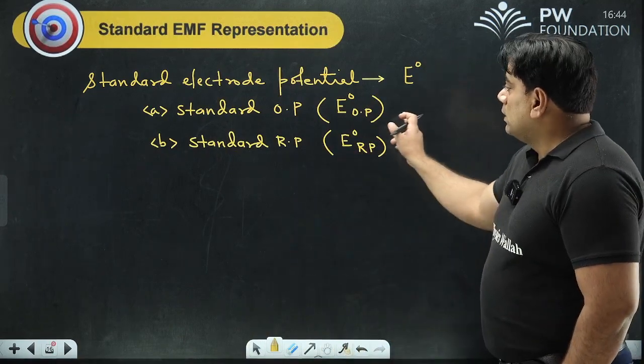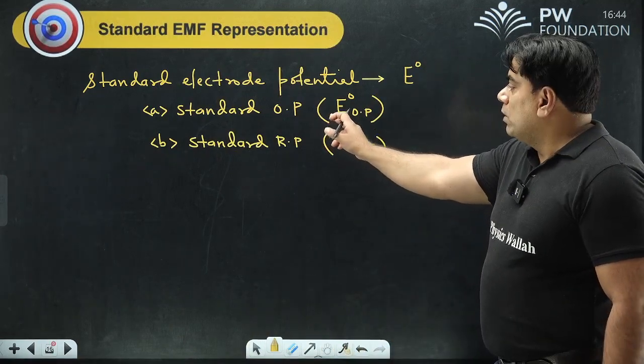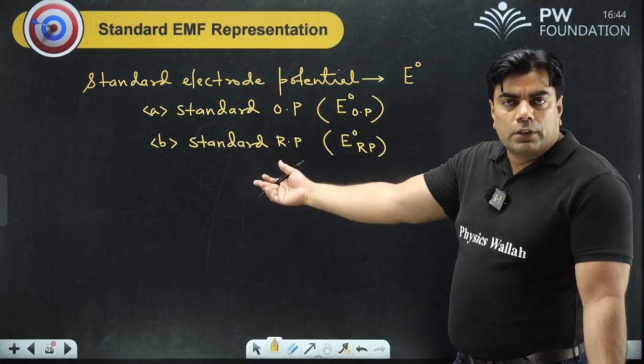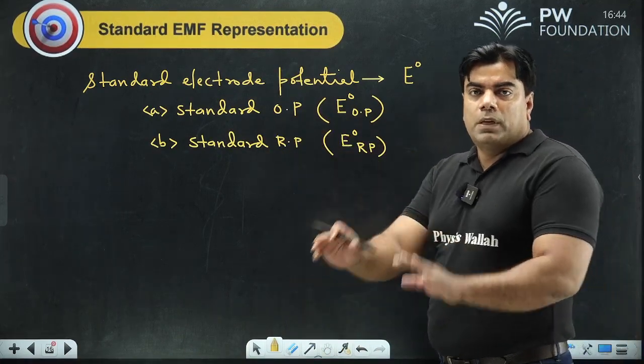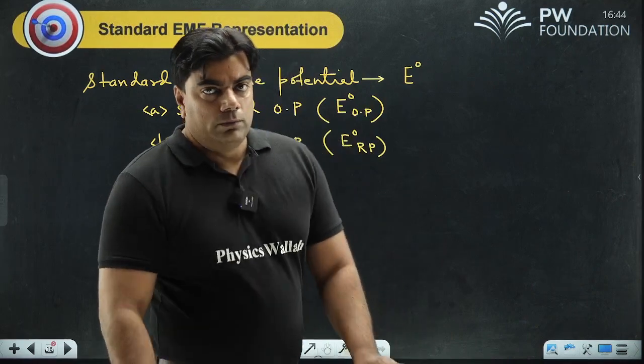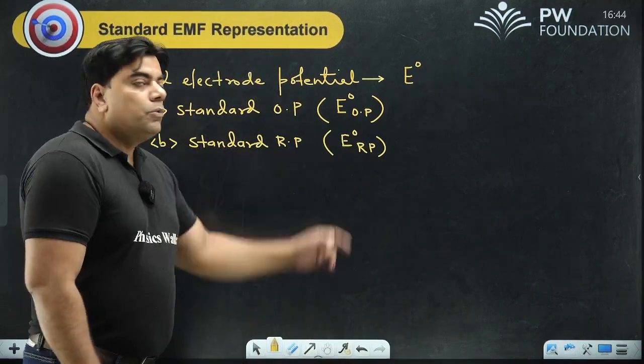Standard oxidation potential always takes place at the anode.